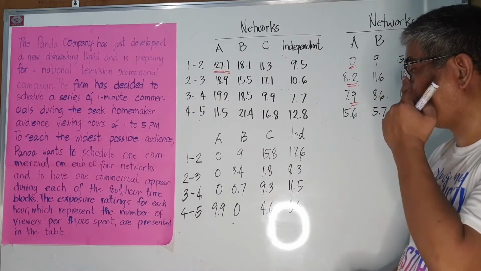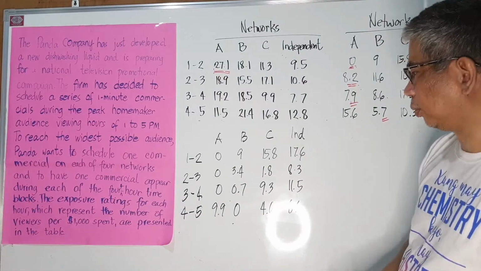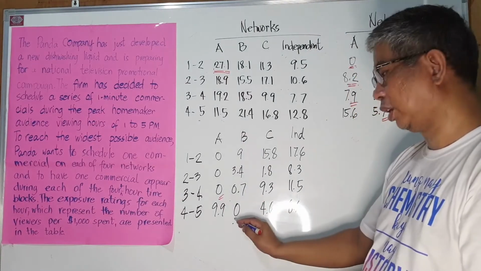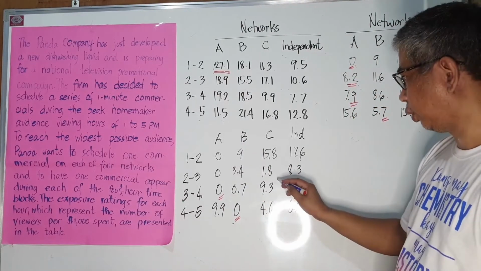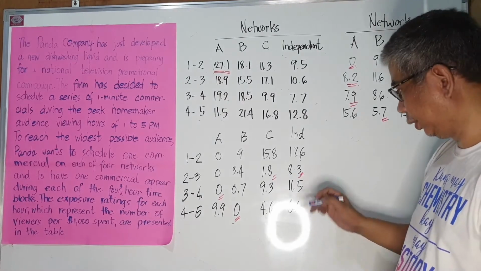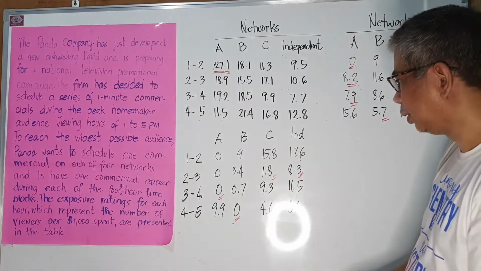Next, we identify the smallest value in each column. So the smallest value here is 0. Here also 0. For this one it is 1.8. And here it is 8.3. Then we deduct. Okay?